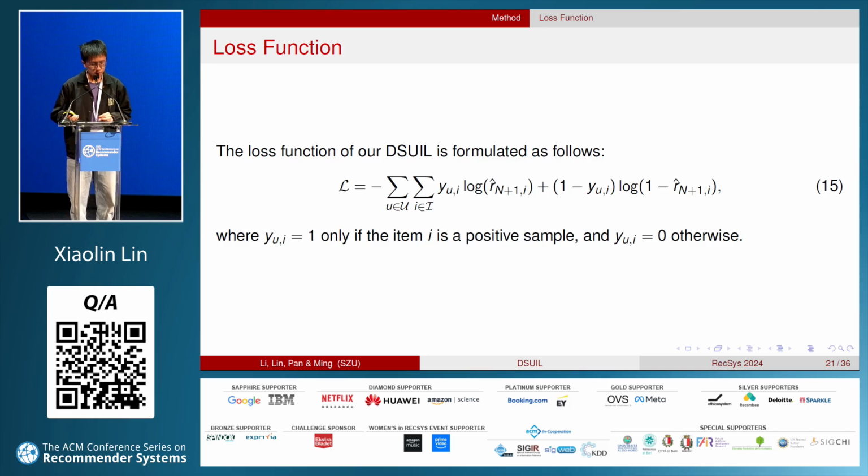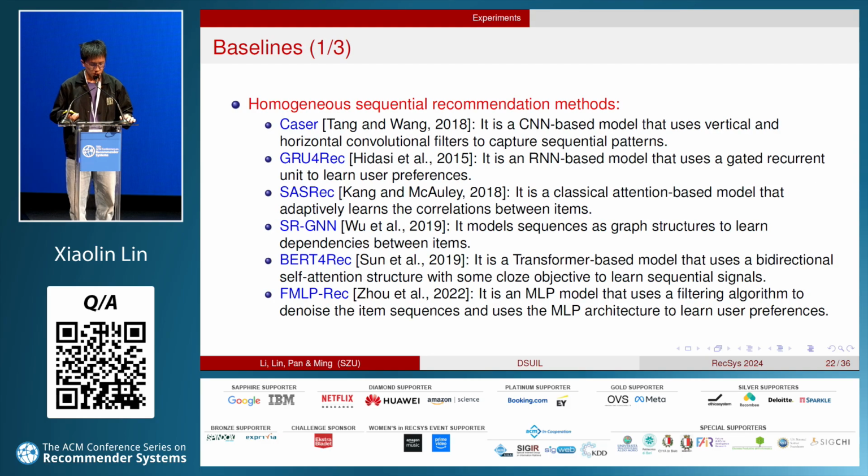Now I'm going to start to introduce some experiment results. For the details of the experiment setup, please refer to our paper. We first introduce some baselines. We compare three groups of baselines. The first group includes some homogeneous sequential recommendation methods.